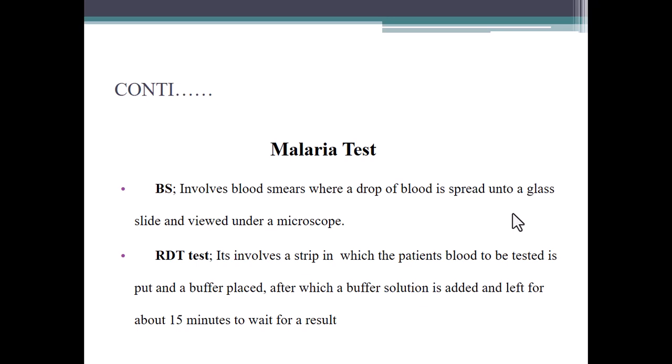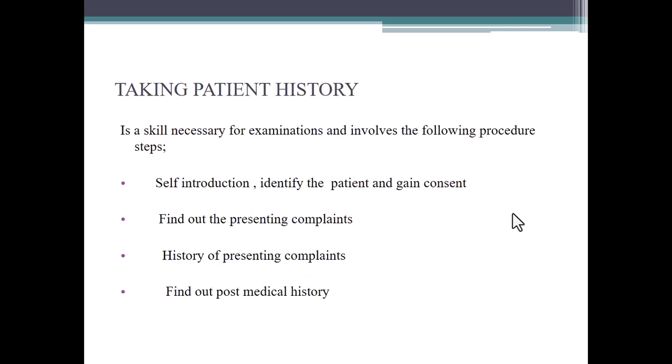Or you can do the rapid test, that is the RDT. Most of us must have heard about it. You should be in position to carry out this test so that you are able to rule out the condition a patient has presented to you with, and should be in position to prescribe for them medications.